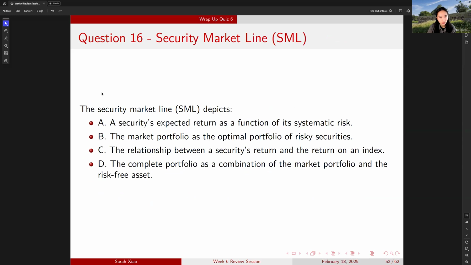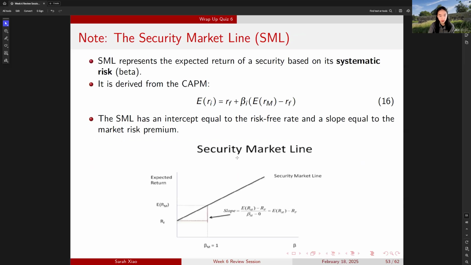So moving on, we are asked about which option the security market line depicts. So here's a review of the security market line.